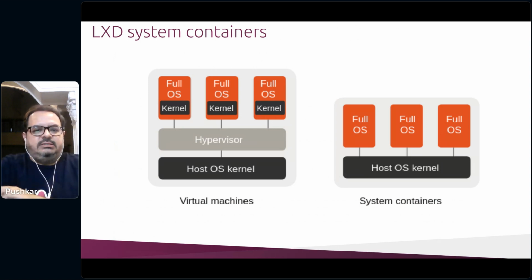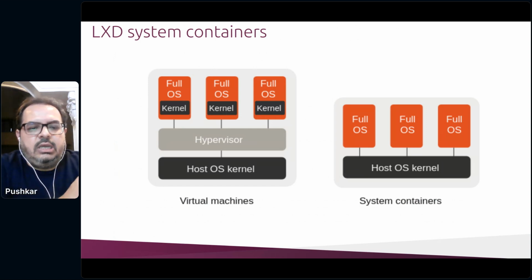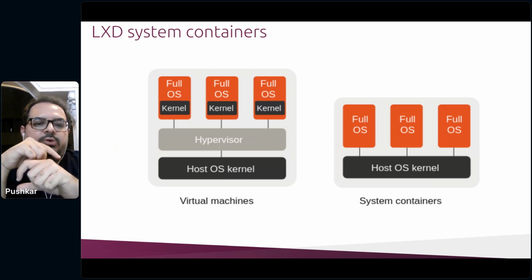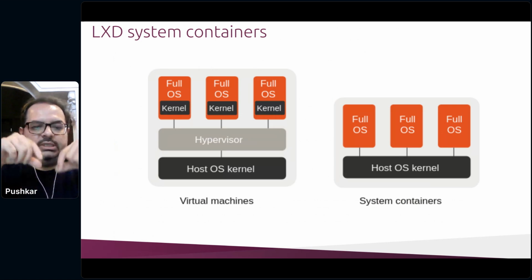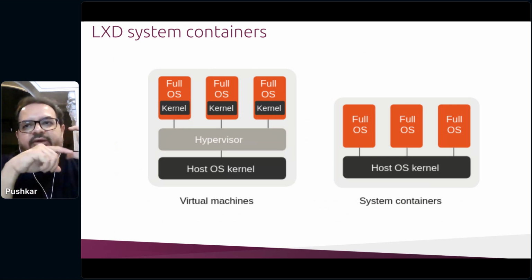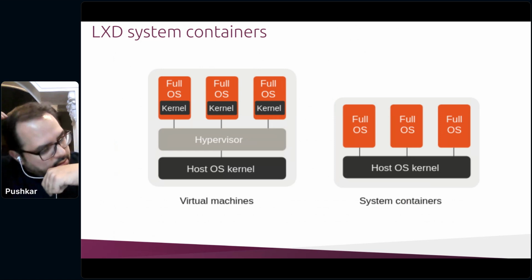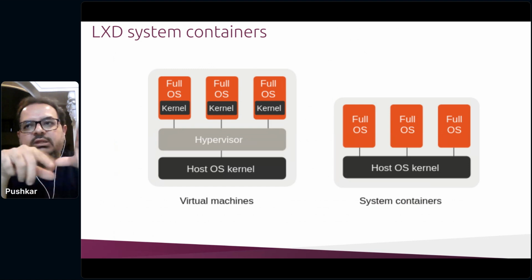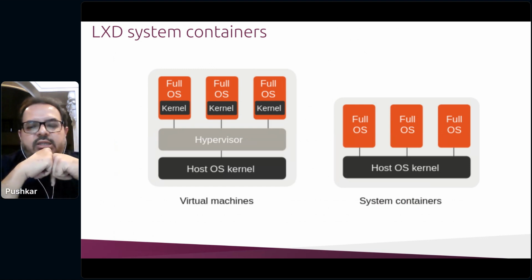So that's just a very short introduction to LXD system containers and how they differ from virtual machines. In the case of virtual machines, there is a hypervisor sitting in between the virtual machine and the host OS kernel, and every virtual machine has its own copy of the kernel, whereas system containers have a single host OS kernel and they share that.